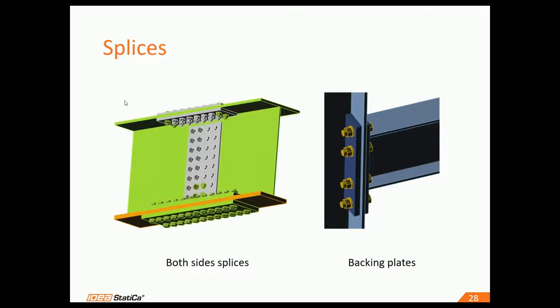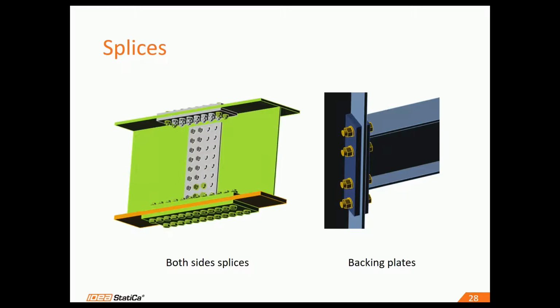For those of you who use splices a lot, you probably found the definition of splices quite long in the last version. So there's really good news for you, because now you can define the splice in one operation for both sides of the splice.